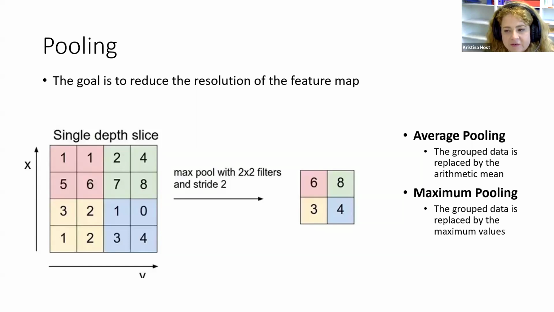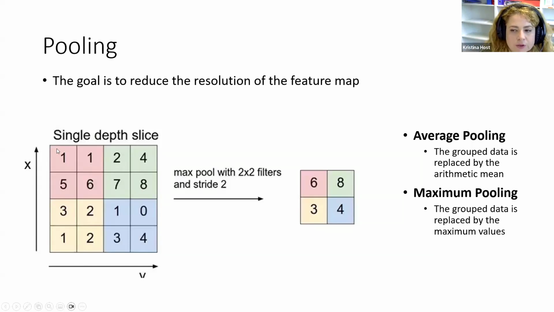One is average pooling. For example, you can take 2 by 2 filters to do the average pooling, and you can choose the stride. This is how many pixels you will move horizontally and vertically when you are doing the pooling.